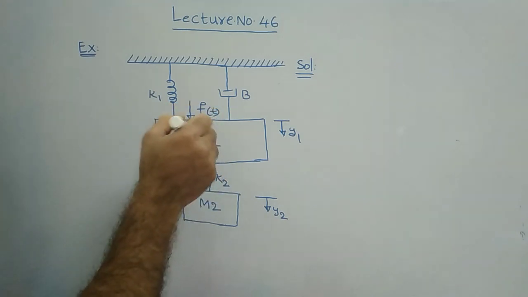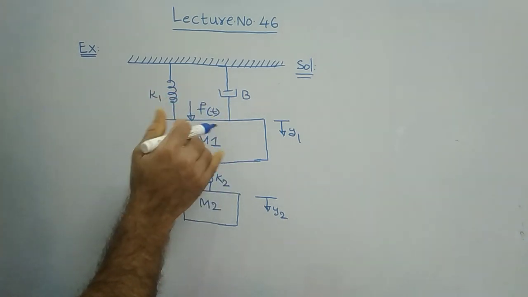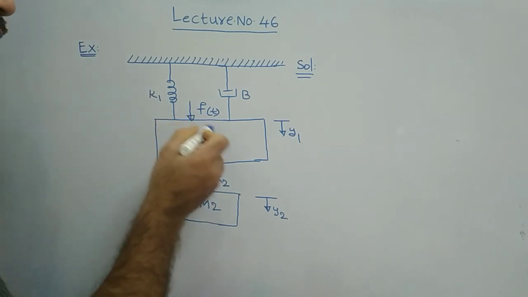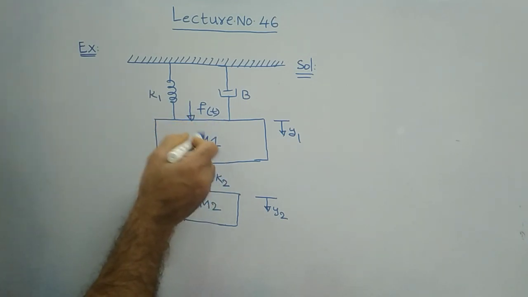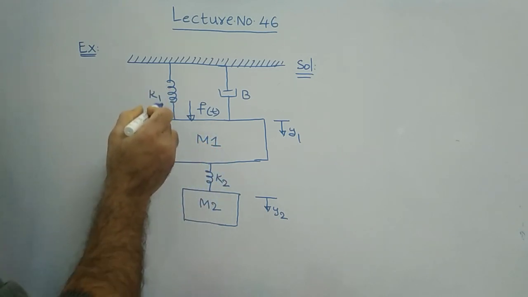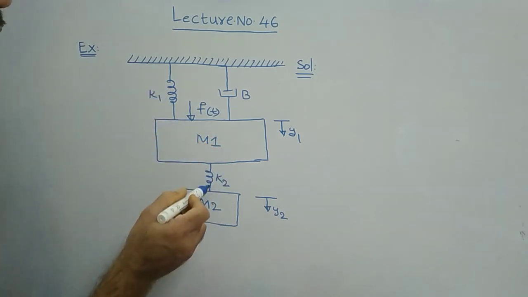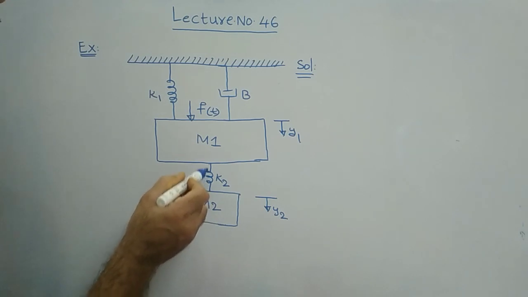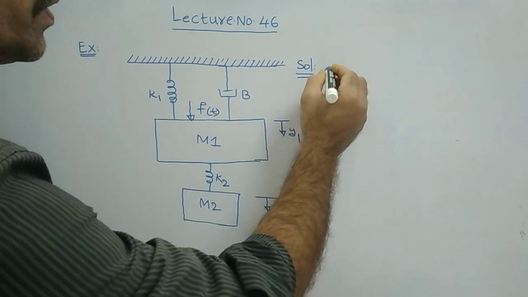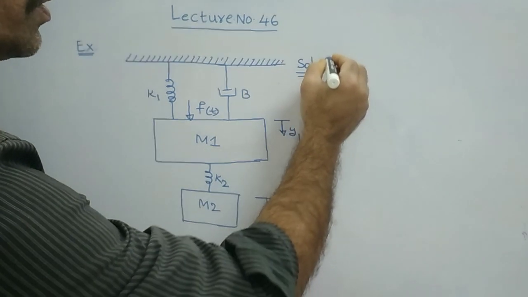What are the elements acting on this? With respect to m1, there is the opposing force due to the mass element, the opposing force due to k1, as well as the opposing force due to k2, because k2 also we have to consider.